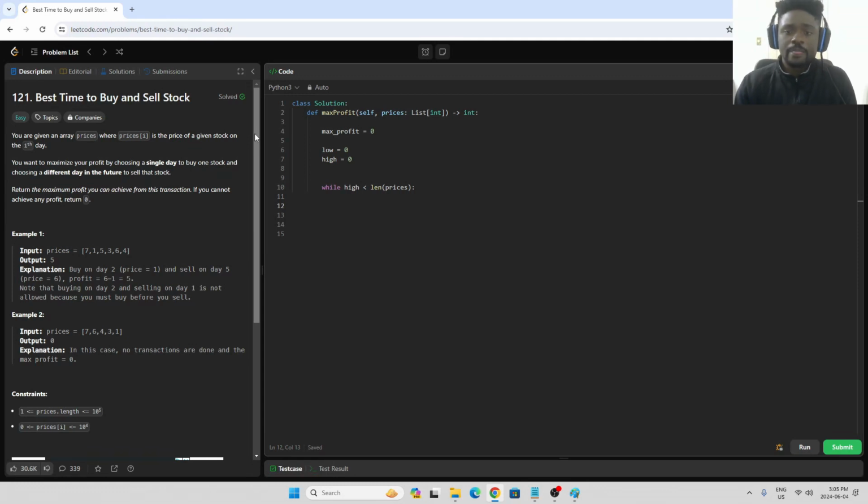We could say if prices at low is less than prices at high, right? This is a condition that allows us to buy low and sell high.